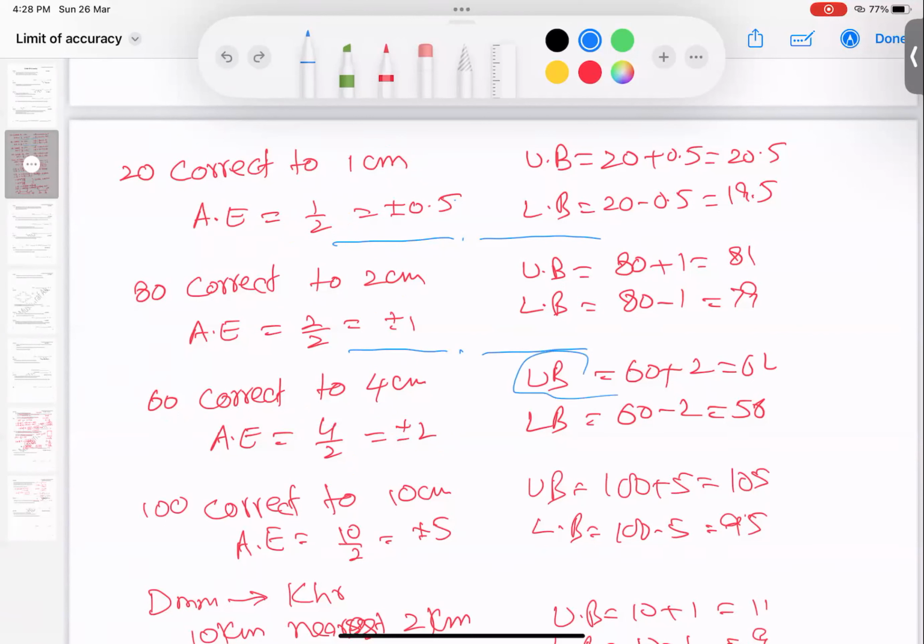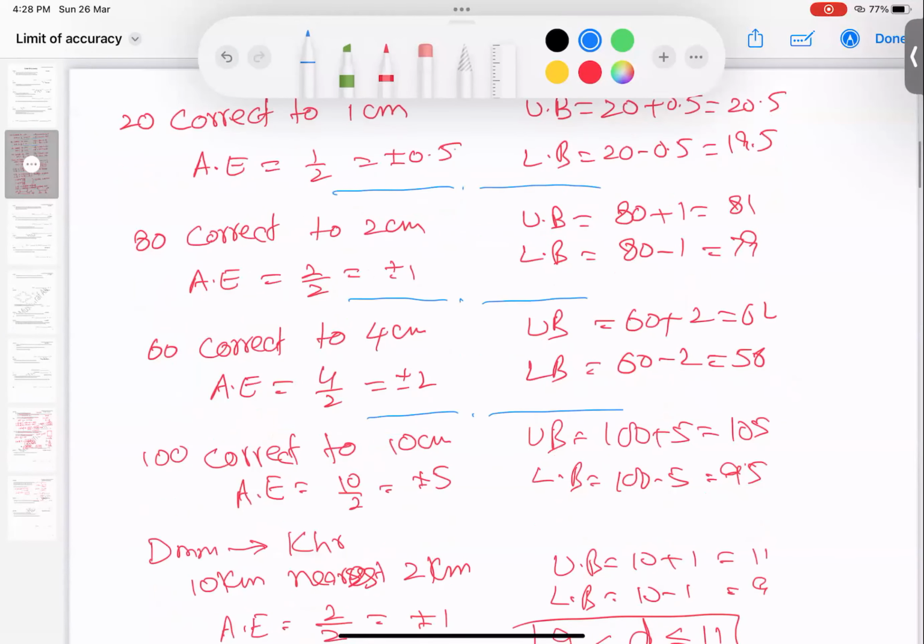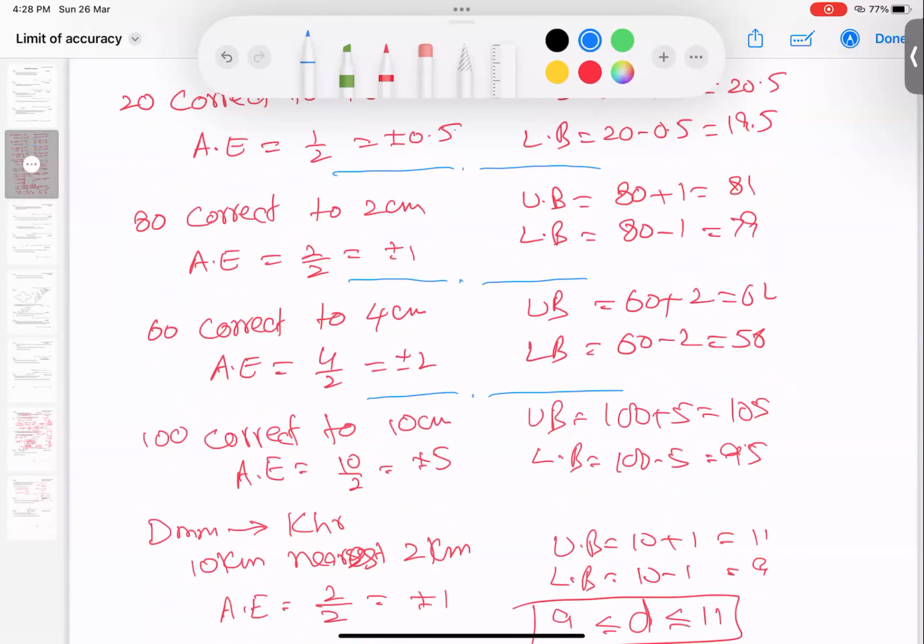When added, it is called the upper bound, when subtracted, the lower bound. I believe the point is very, very clear. One more example, then I think we can start some practice: 100 correct to 10 centimeters. 10 divided by 2, I get plus and minus 5. This 5 added to 100 gives the upper bound, subtracted gives the lower bound.